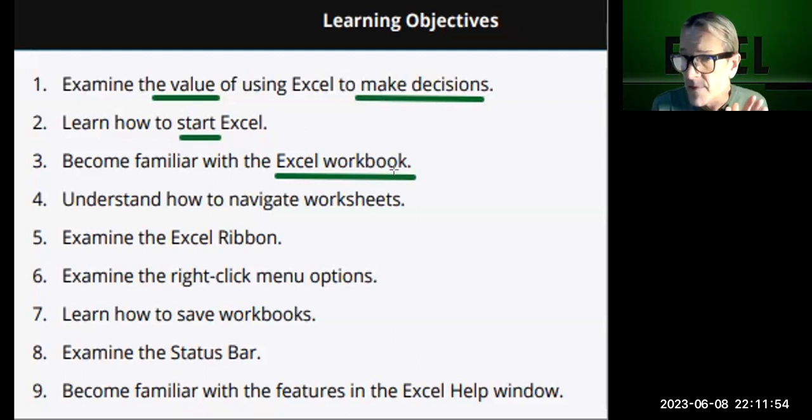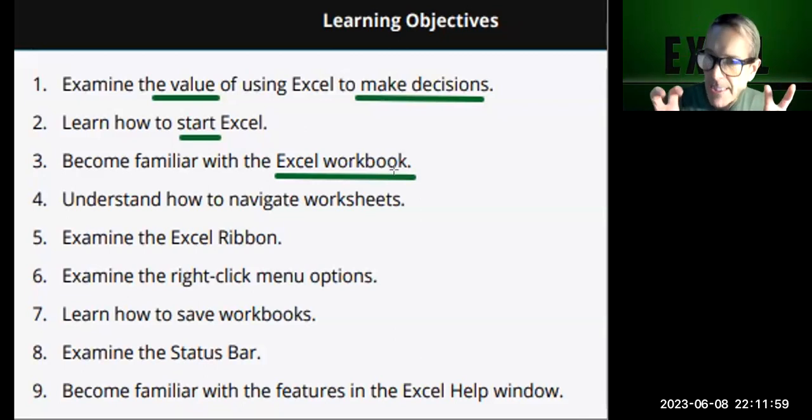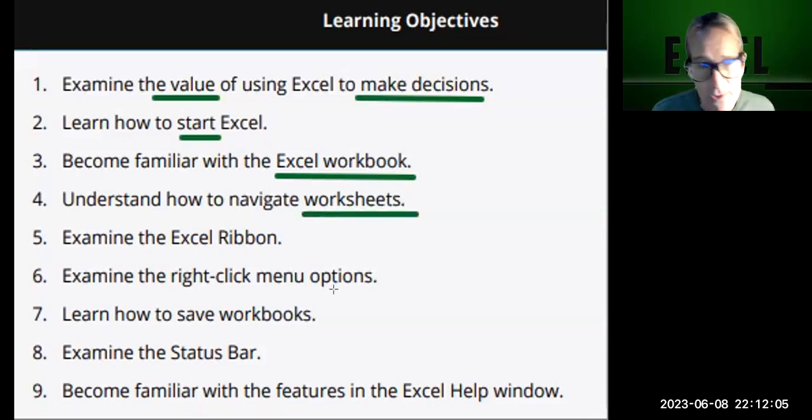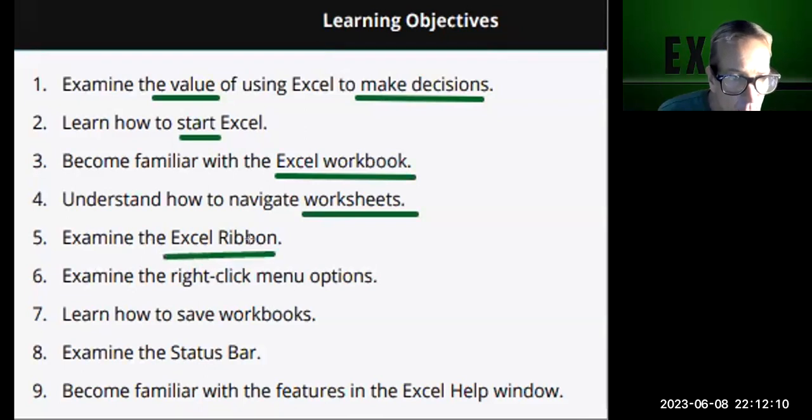That Excel workbook can have many pages or worksheets, so it can have many sections within it. Understand how to navigate worksheets. I just explained that briefly. Examine the Excel ribbon.